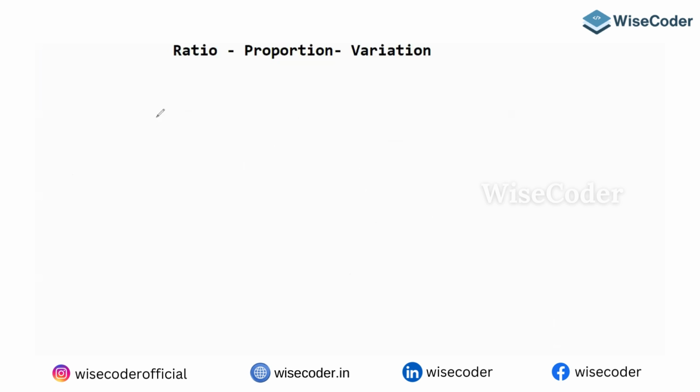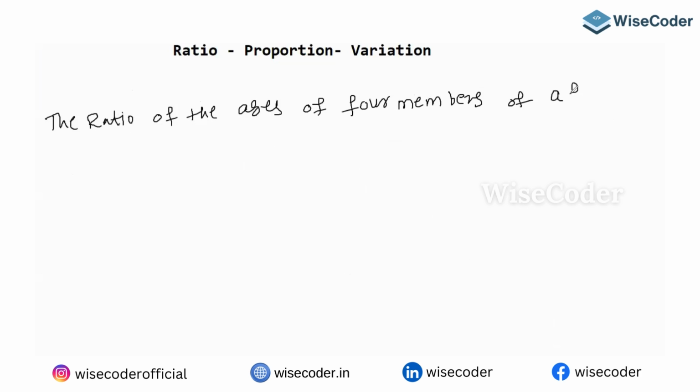Next, the ratio of the ages of four members of a family is 9 is to 8 is to 3 is to 2.